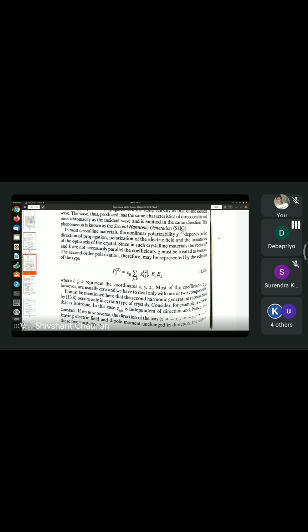Such a change is of course produced by a parity operation. But let's not introduce such terms. It's not necessary. All we want to do is just change x to minus x, y to minus y, z to minus z. We can always choose such a system of coordinates. Now, if I do that, then the polarization vector will change sign.